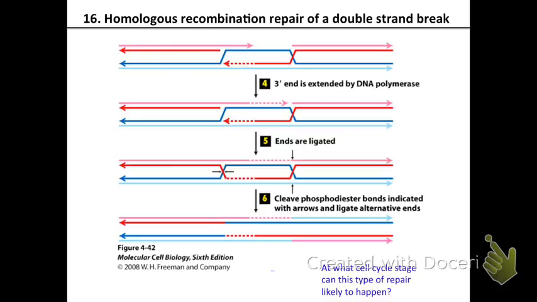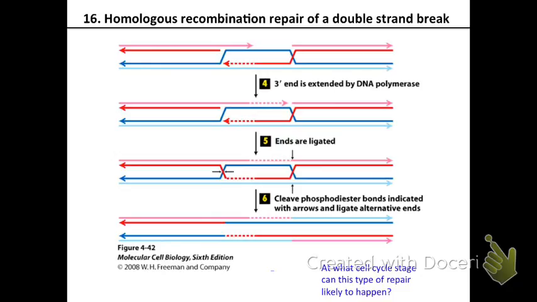At what cell cycle stage is this type of repair likely to happen? Homologous recombination. At what cell cycle stage would you expect the double-stranded breaks to be repaired by homologous recombination, based on the information I just gave you? S, yes, because the single-strand ends are going to look for homology.